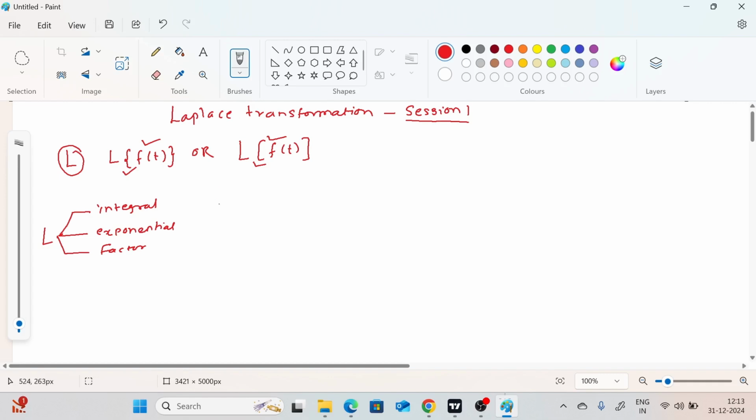So the equation of Laplace is: Laplace of f(t) is equal to the integration from 0 to infinity of e raised to minus st times f(t) dt.